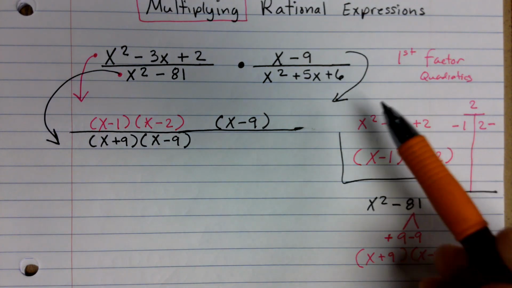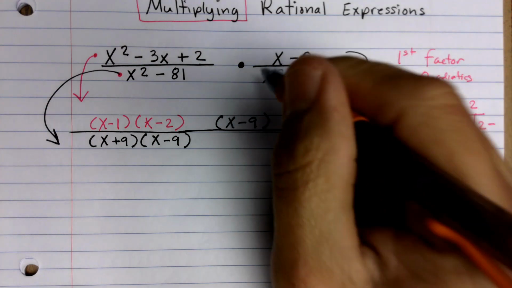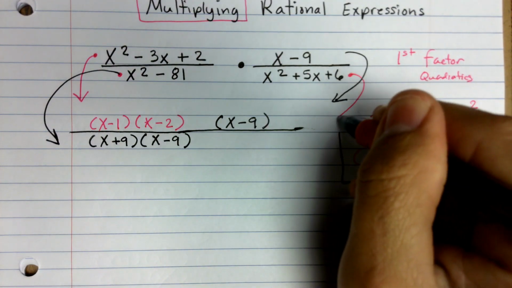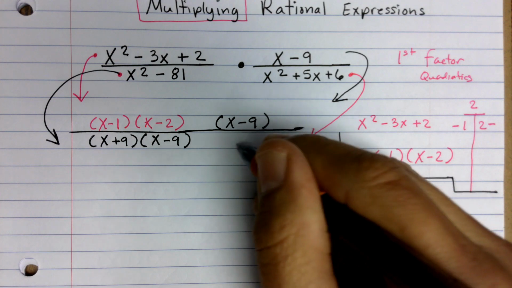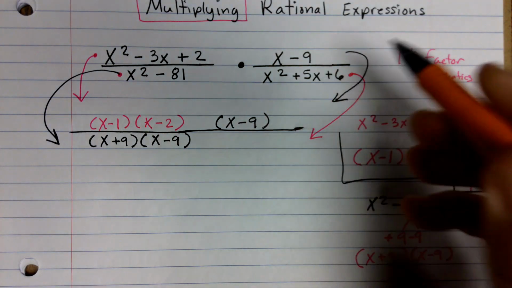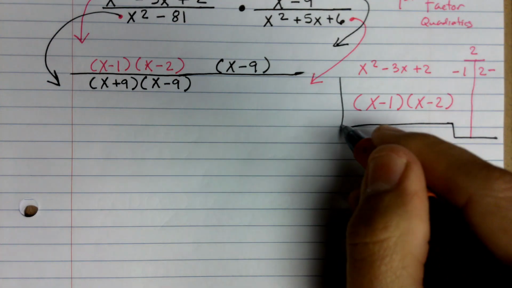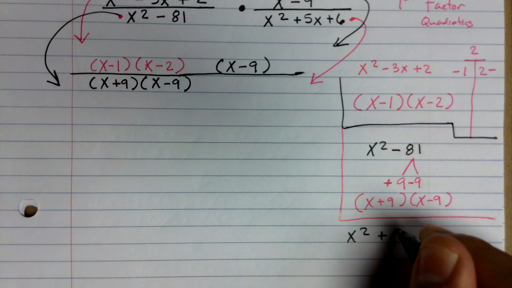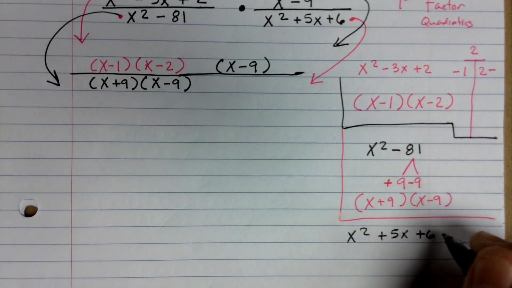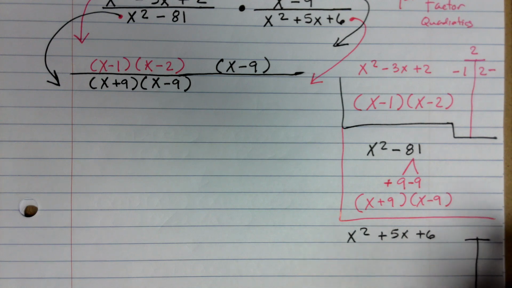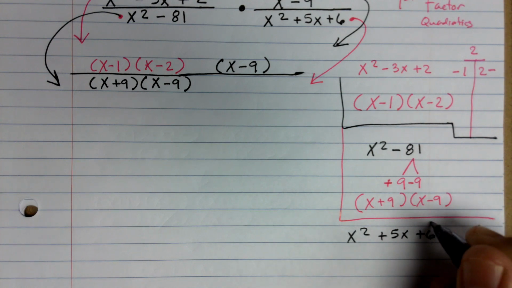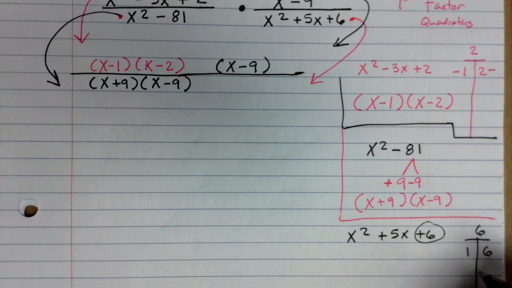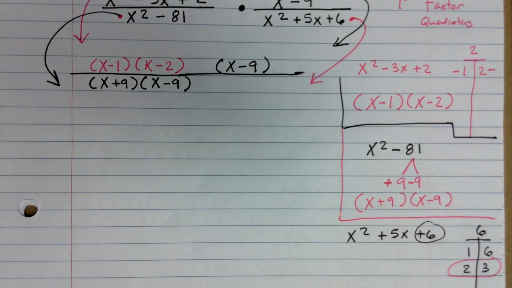Now we're almost done. We just have one more quadratic to factor, and that's this one right here. And once we factor it, we'll bring its factors down to the denominator right over here underneath the x minus 9. So I'm going to move this up, box it, and do this final one, which is x squared plus 5x plus 6. Now if I work this one out, notice we have 6 as our c value, and so my factors for 6 are 1 and 6 and 2 and 3. Now if I want to get a 5, I'm going to go ahead and get this positive 2 and positive 3.